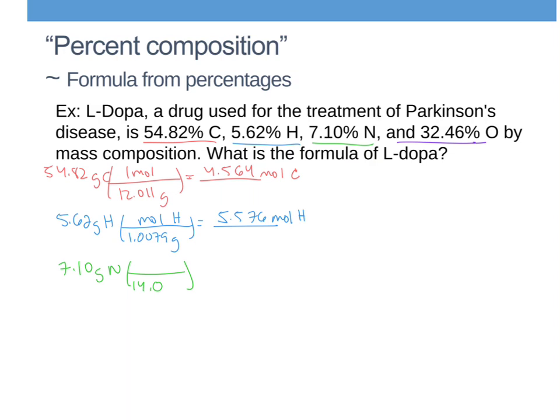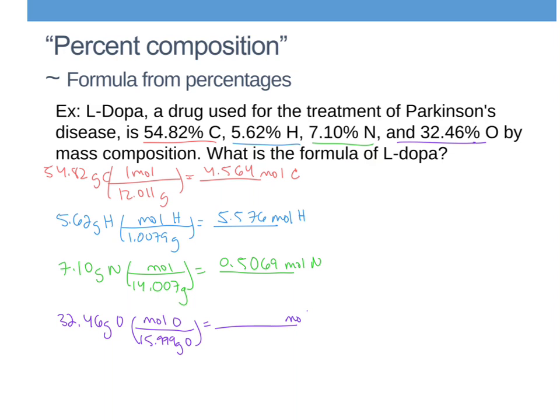Nitrogen weighs 14.007, and that's going to be 0.5069. And lastly, oxygen: 32.46 grams of oxygen, and oxygen weighs 15.999 grams per mole. That's going to be 2.029. So I've converted all of my masses into moles.